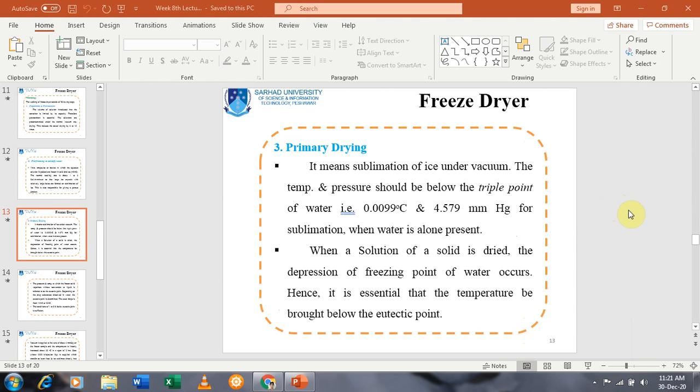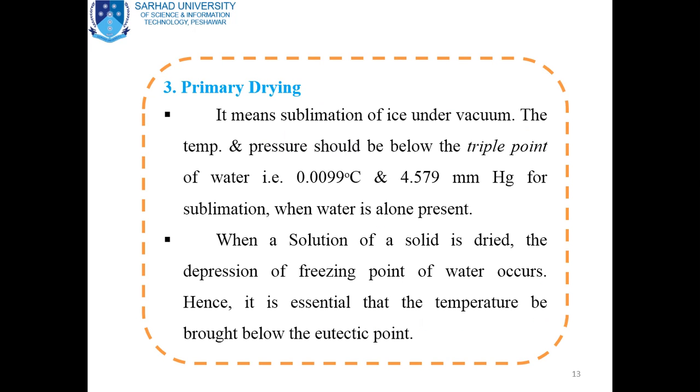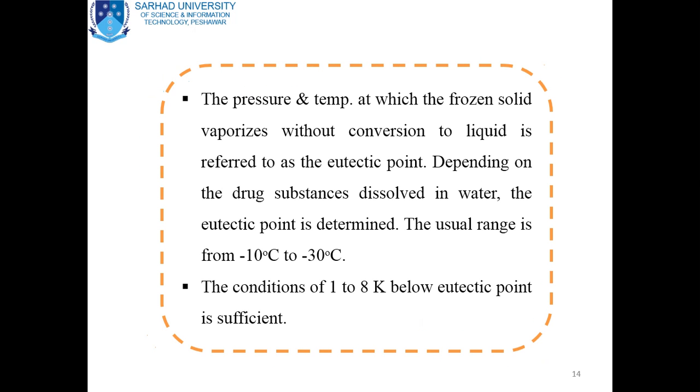So it is necessary that the temperature be brought below the eutectic point. The temperature and pressure at which the frozen solid vaporizes without conversion to liquid is referred to as the eutectic point.